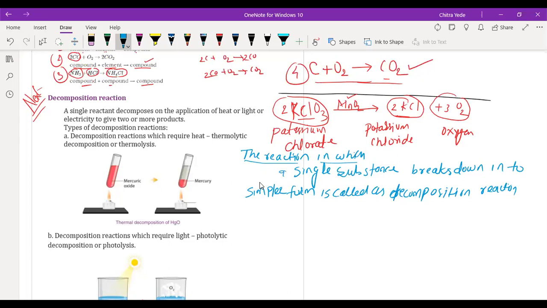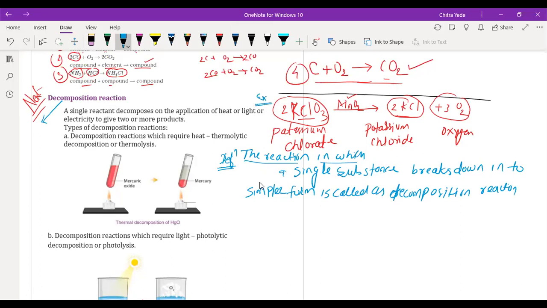Decomposition means to decompose, which means a complex substance breaking down into simpler forms is nothing but the decomposition reaction. So this is the definition and this is the example.